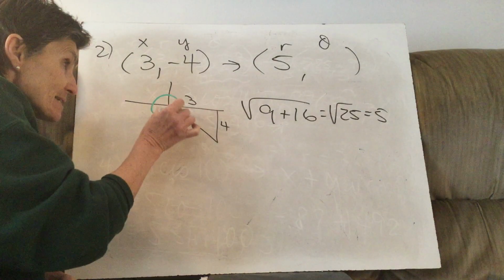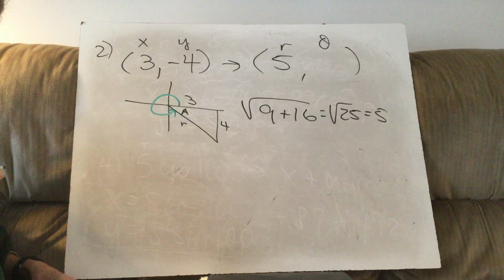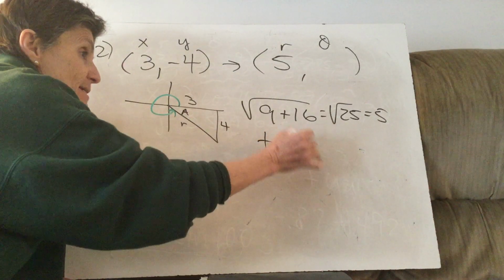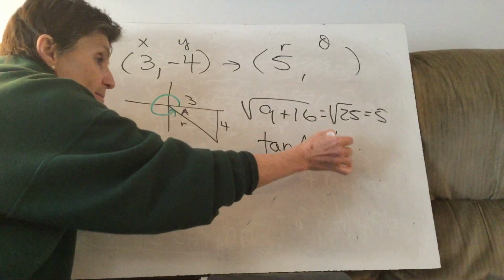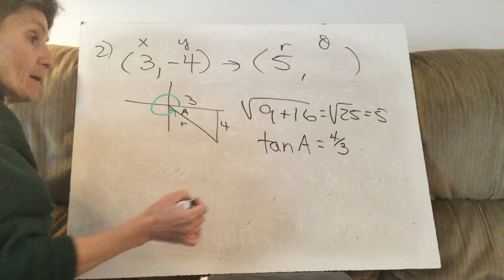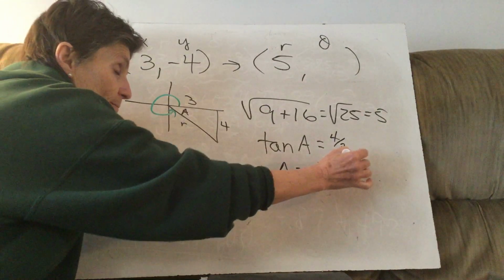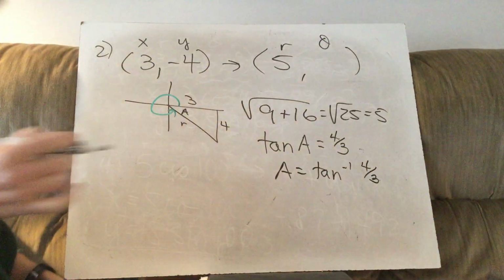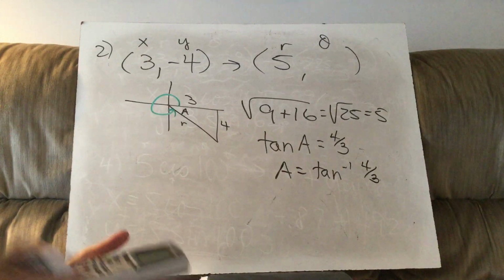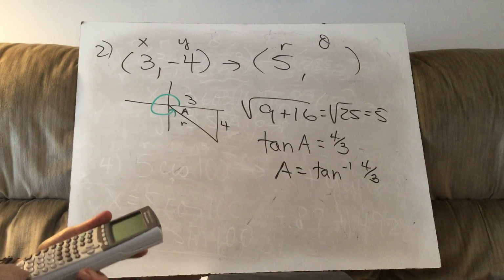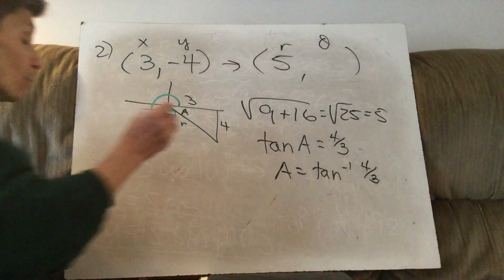Then I'm going to find this angle right here, the one inside the triangle, by using the tangent. I'm going to say the tangent is 4/3, so I'm going to take the inverse tangent of 4/3, and that's going to give me that angle right there. So inverse tangent of 4/3 is 53.13.